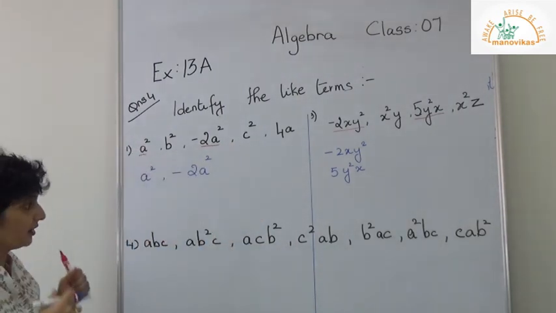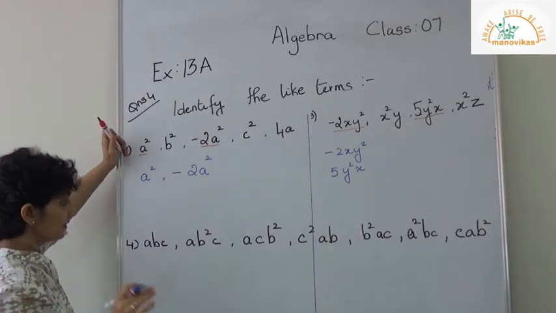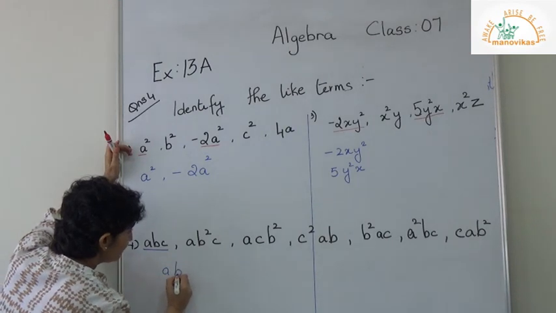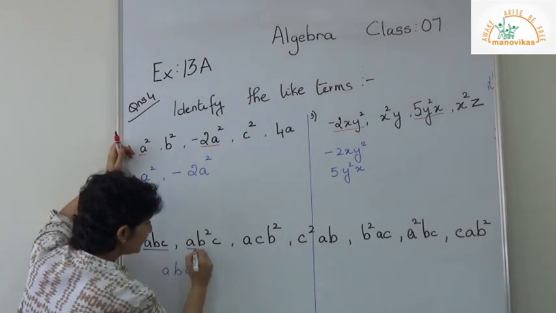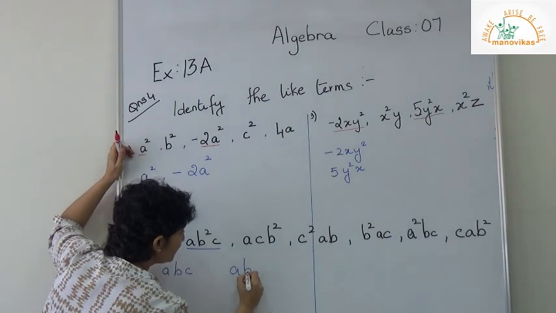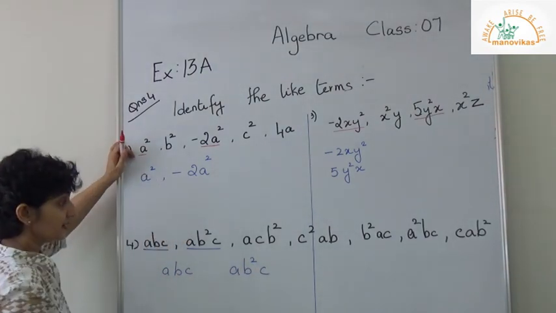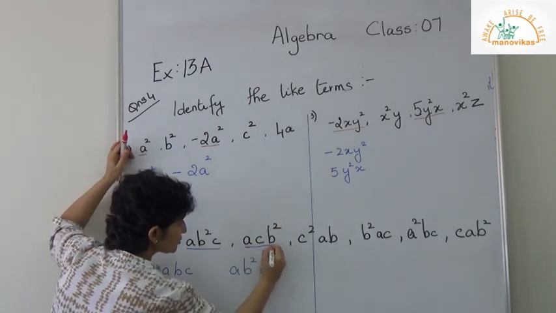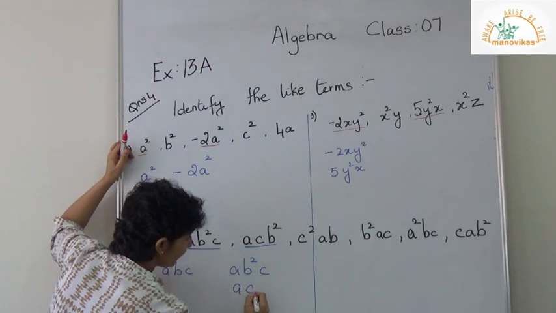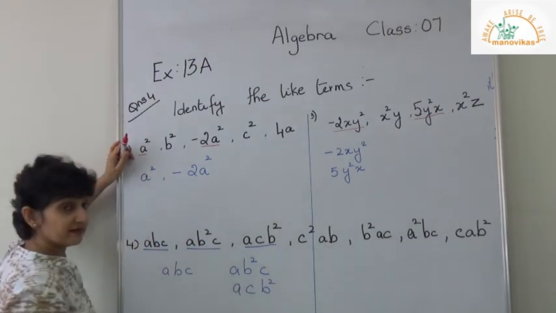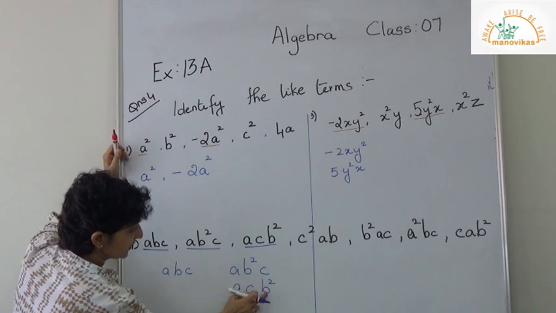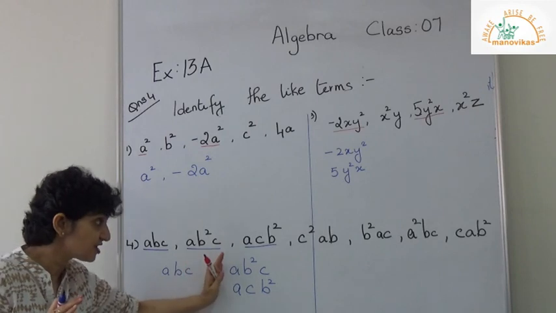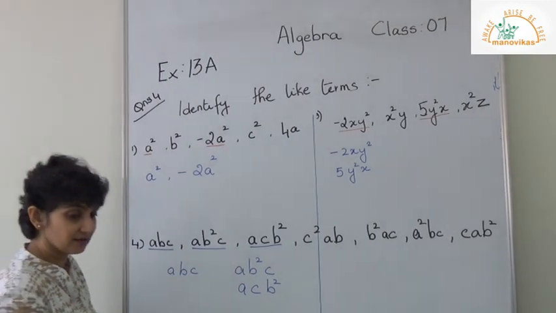Now let's see here. We have quite a number of terms, isn't it? So let's start here. I have a, b, c. Then I have a, b squared, c. Check these children. A, c, b squared. So again this comes here. A, c, b squared. Right? A, b squared, c. It doesn't matter if they are interchanged. These become your like terms.